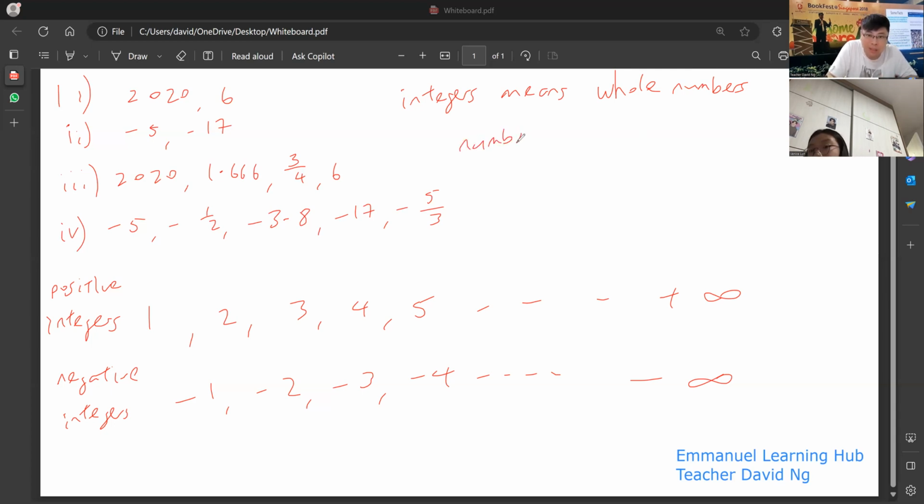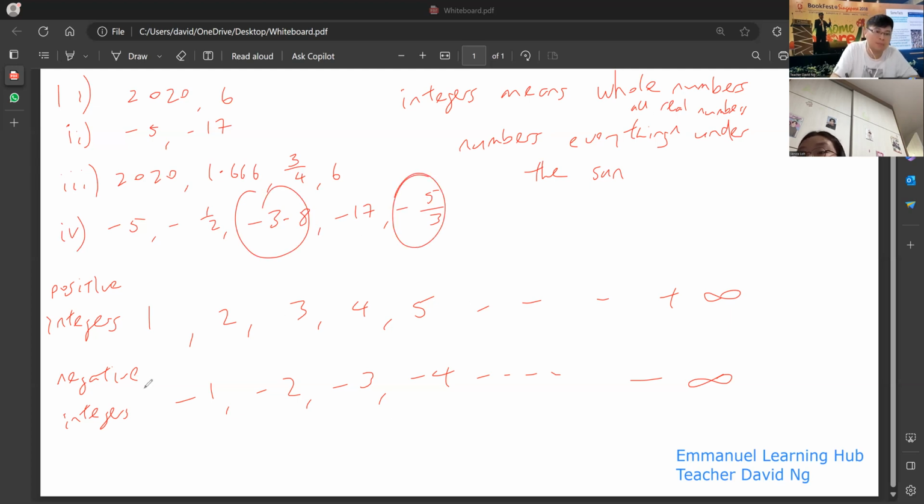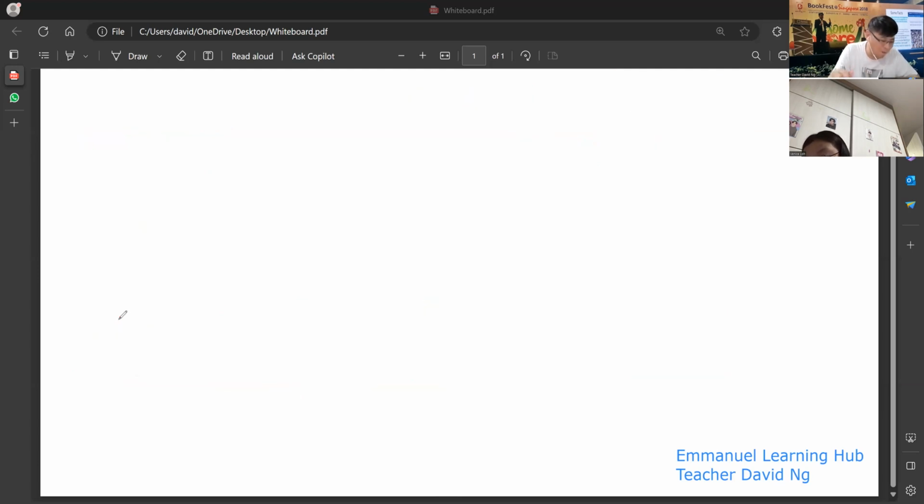Numbers means everything under the sun. Everything means all real numbers. Numbers means all the real numbers under the sun, which include your decimal, your fraction, etc. Okay. Your surds are also considered numbers. Okay, clear so far? Question 1.